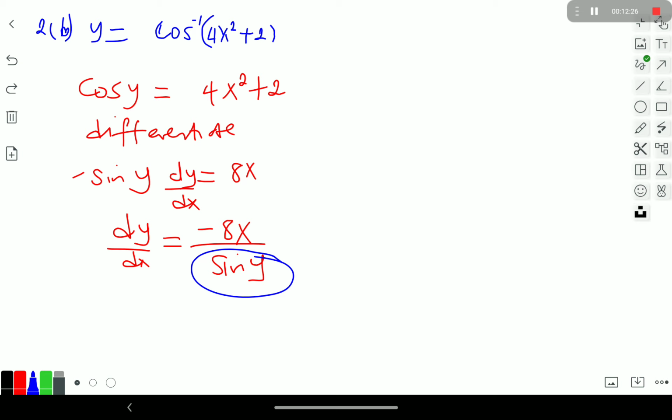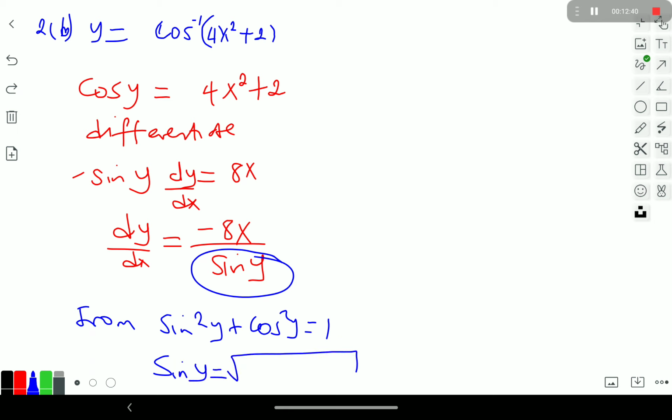We shall use sin squared y plus cos squared y is equal to 1. We can get sin y is equal to the square root of 1 minus cos squared y.